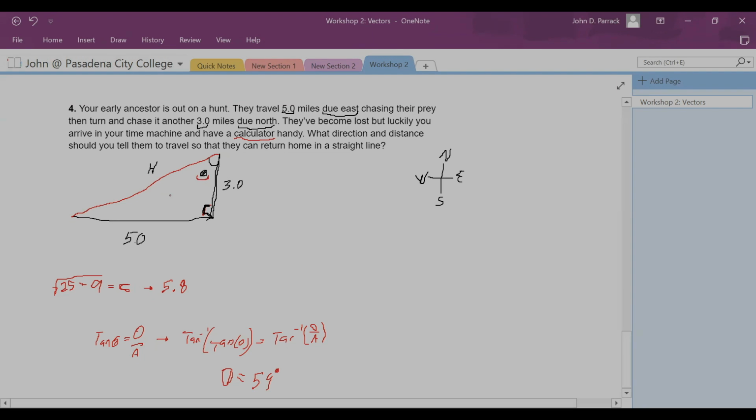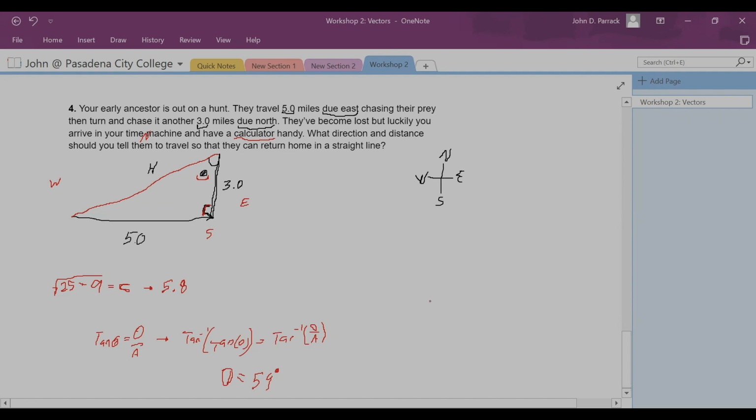If we post our little map on here, this is south, this direction over here would be due west, this is to the north up here, and this is to the east. So we want to head straight south, but then we want to turn 59 degrees towards the west from south. So our direction is 59 degrees west of south.